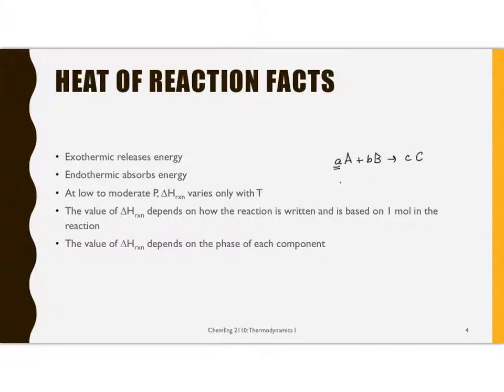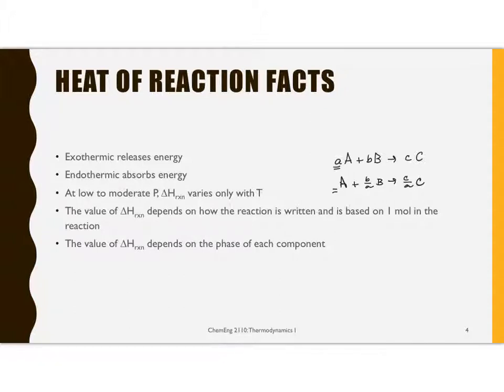If you were to do this so that you had fractional quantities, I could have something like this where now my stoichiometric coefficient for A is 1. And this is going to be different as I do this. So it's going to be like kilojoules per mole of reaction, whatever is meaning 1 in your reaction.